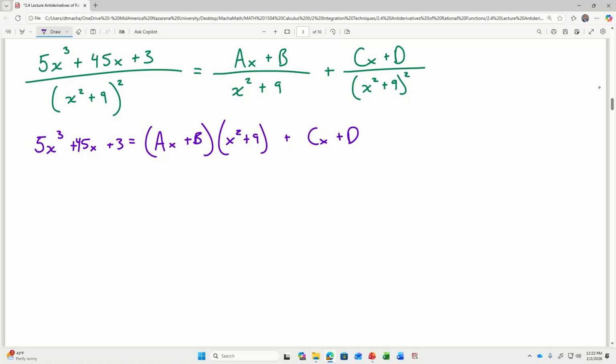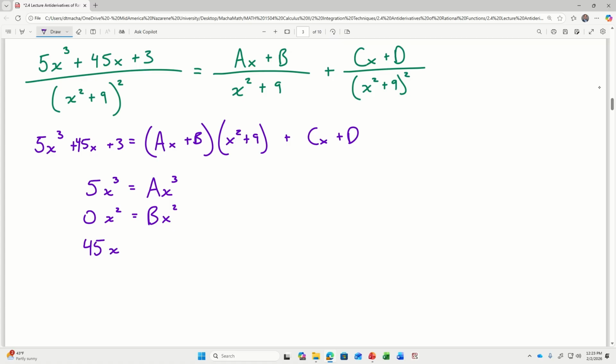Like we'll write one equation that represents making the left side 5x cubed equal to the right side. And what's the only term that contains x cubed on the right side of this equation? Ax cubed. And then on the left side, I've got 0x squared. On the right side, what's the only way I can get an x squared? Bx squared.